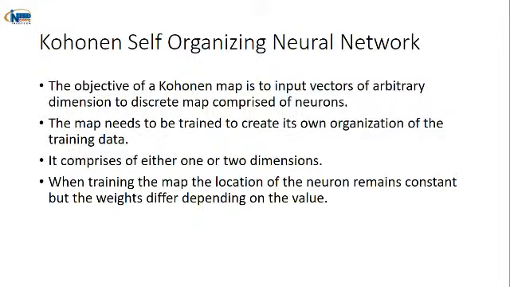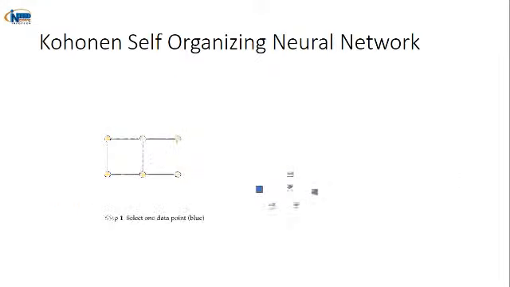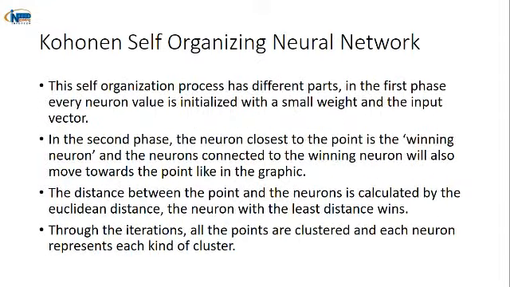So we train the map so that it can organize itself. Here we can have one or two dimensions, depending upon the use case, and the map itself learns from the data and organizes itself. This is one type of neural network which is called a coherent self-organizing neural network.